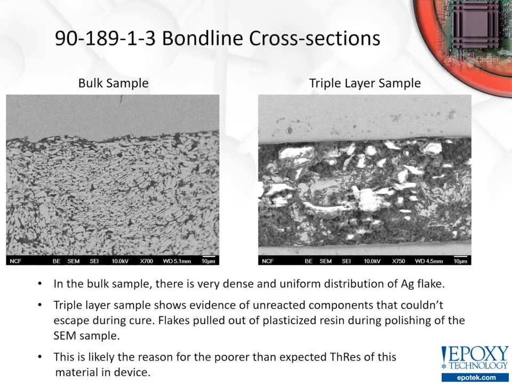When we then received back the triple layer sample, looking at the bond line, we noticed that trapped solvent that I had mentioned before, that in sawing the sample open, we actually were pulling out plasticized resin. And that illustrates that the silver flakes were not being pulled together optimally, and you weren't actually getting optimal thermal resistance within the bond line.